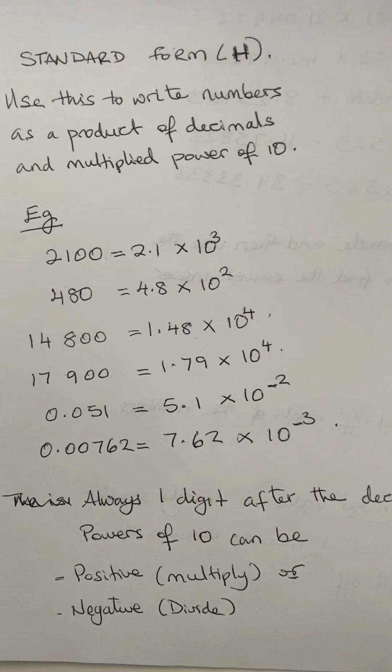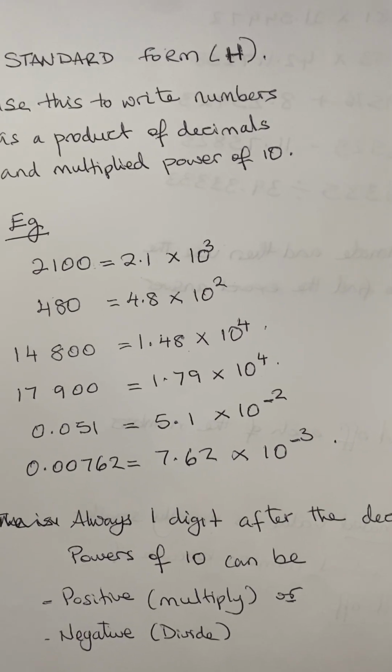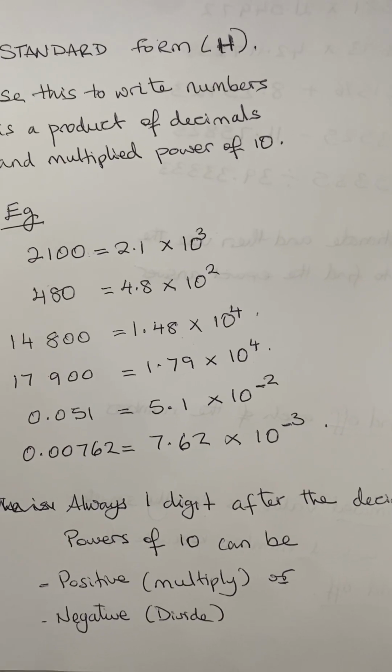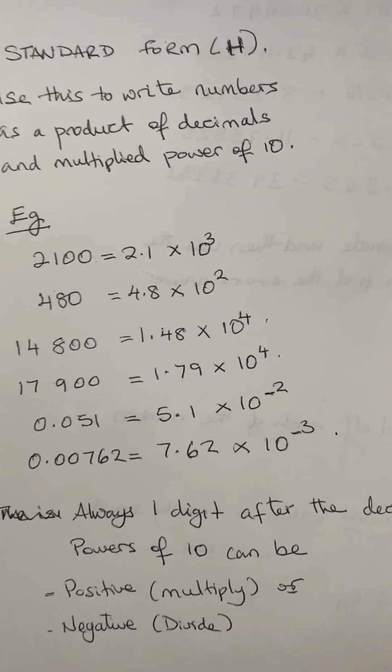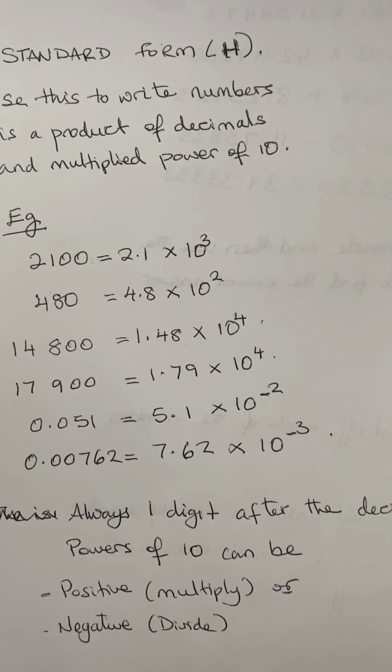And if it's like 0.0056, then you are going to get 5.6 times 10 to the power minus 3.